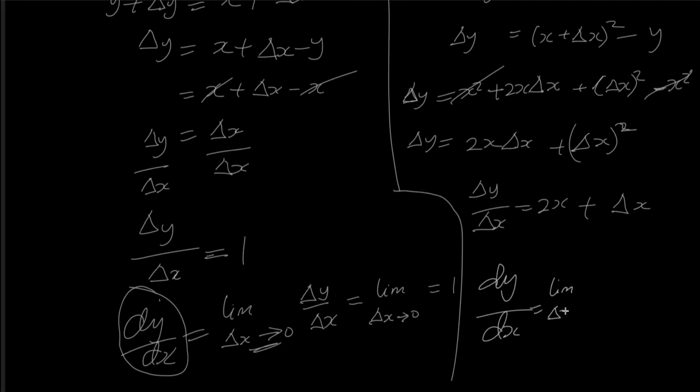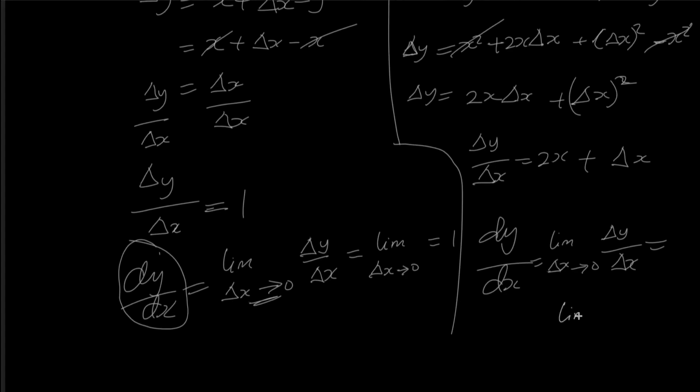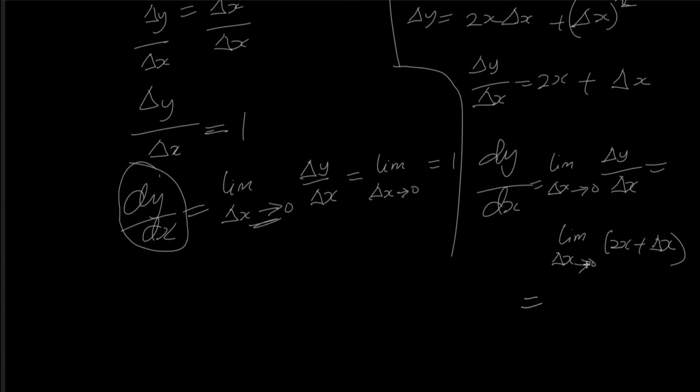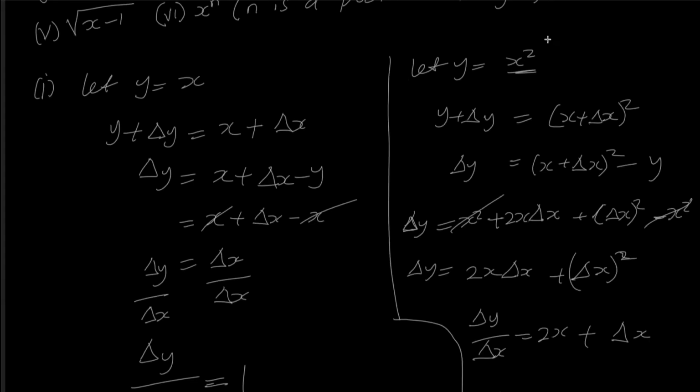That's the limit as delta x approaches 0 of delta y over delta x, and we still put this limit. In place of this, I can replace this guy with 2x plus delta x. Therefore if delta x is approaching 0 and now reaches 0, what is remaining will be only 2x. So the dy/dx of x squared is 2x.